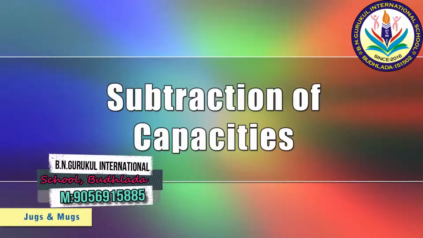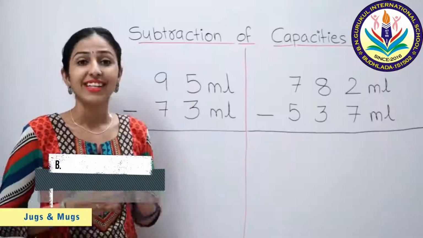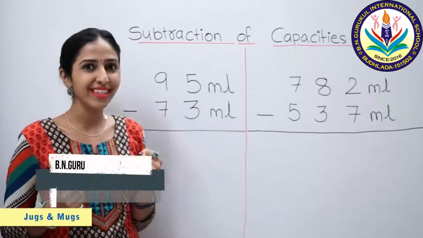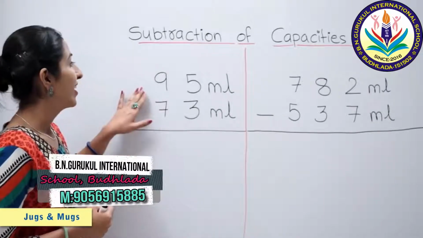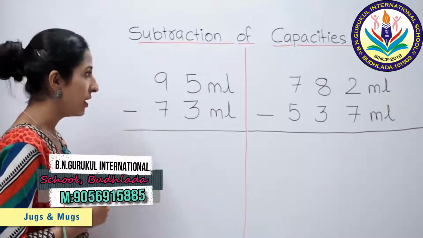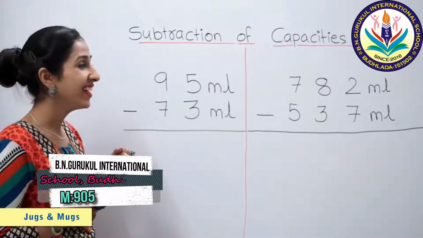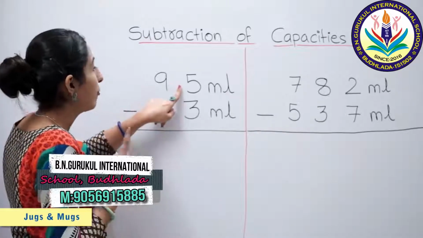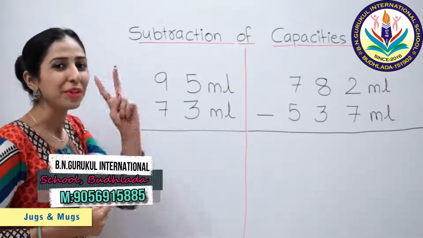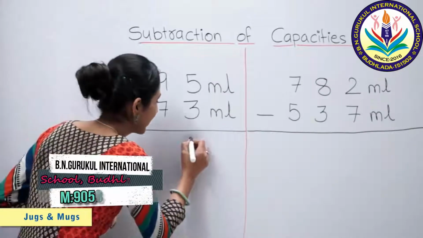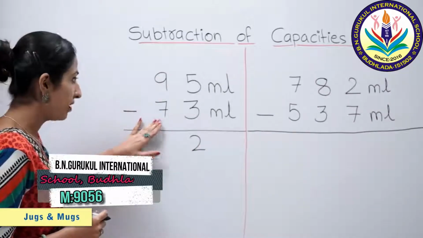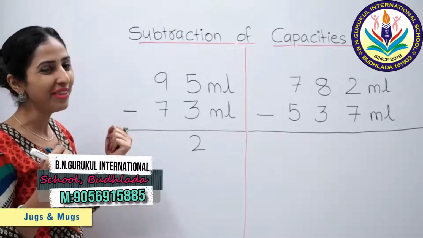Subtraction of capacities. Let's solve a few examples. 95 ml minus 73 ml is equal to how much? 5 minus 3 is equal to 2. 9 minus 7 is equal to 2.